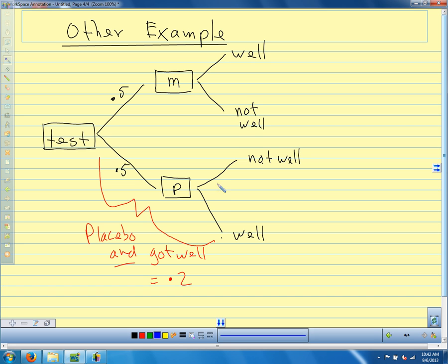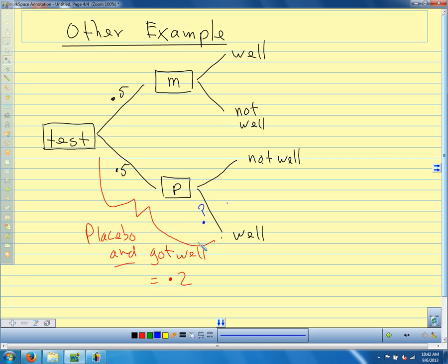And we wanted the probability of this branch, the probability that they got well given that they took the placebo. So we were finding this branch.